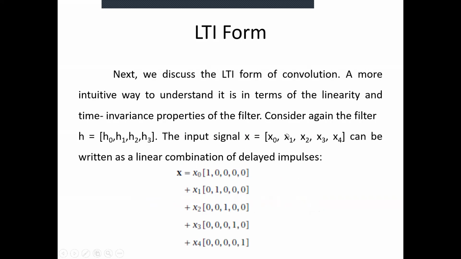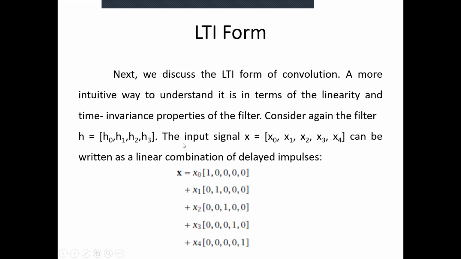When we say x1, it means that this sample is shifted by 1 to the right, okay? So it will be multiplied by delta of n minus 1. This one, x2, means this sample is shifted to the right by 2. So x2 multiplied by delta of n minus 2, delta of n minus 3, delta of n minus 4, and so on.